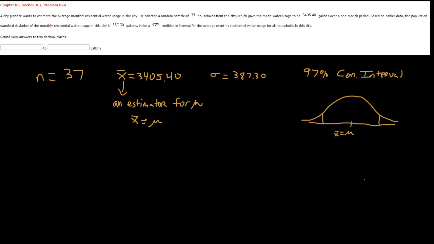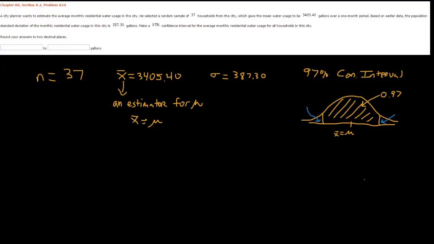Now, if all of this shaded part is 0.97, that is 97%, then what goes in each tail?